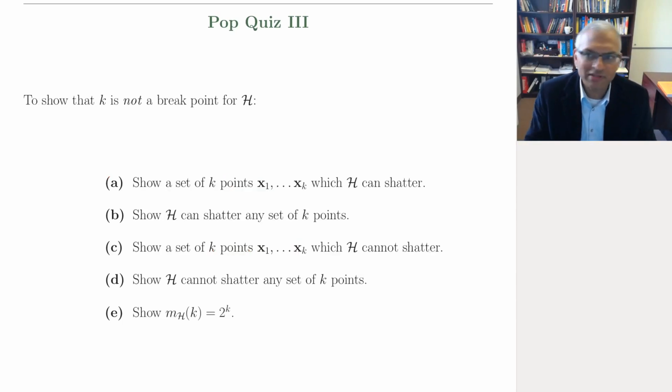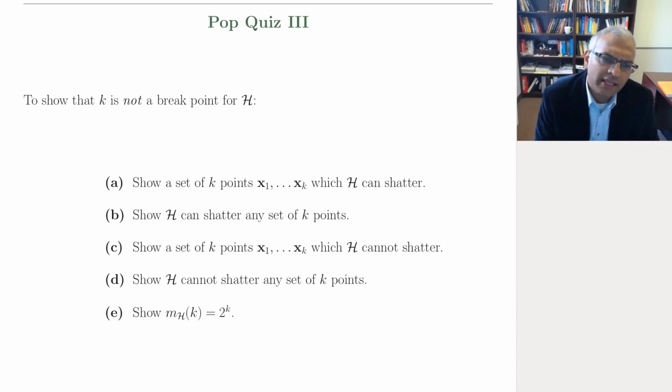Okay, pop quiz number 3. To show that K is not a breakpoint for your hypothesis set H, what do you have to do? So now we're asking you, how will you show that you don't have a breakpoint? A, show some set of K points which H can shatter.